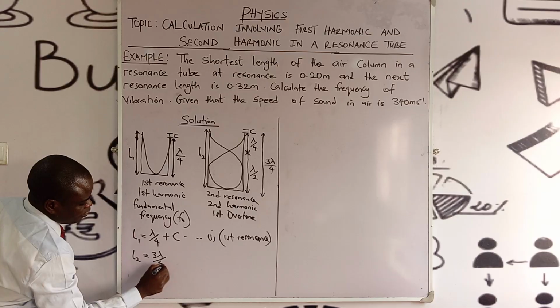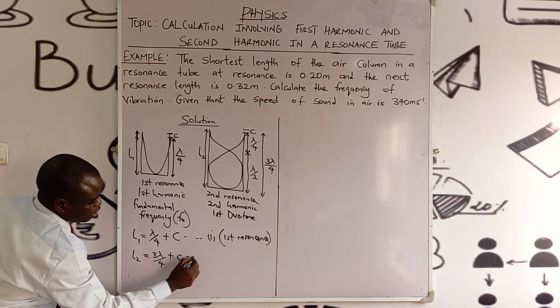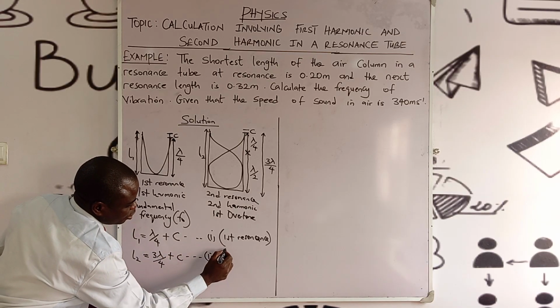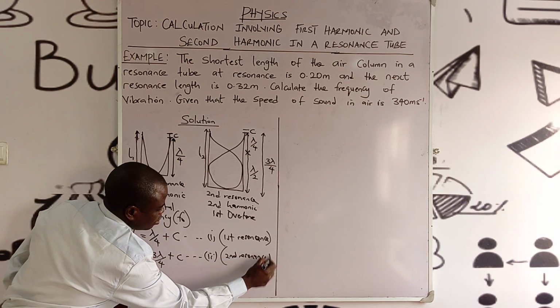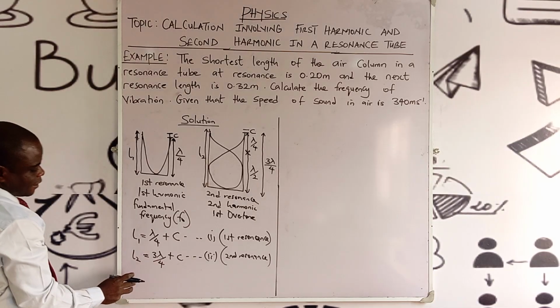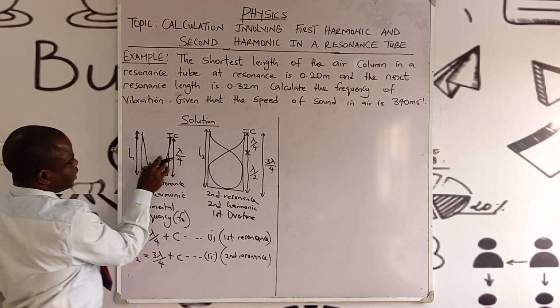That's equation 2, the second resonance. Okay? You can see that the length L2 is greater than L1.